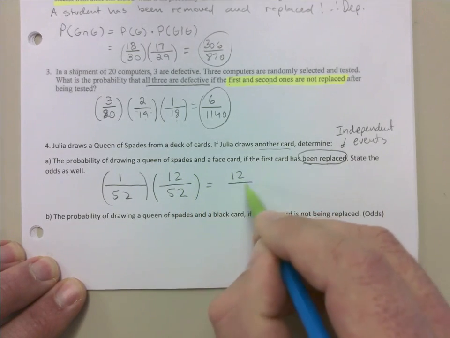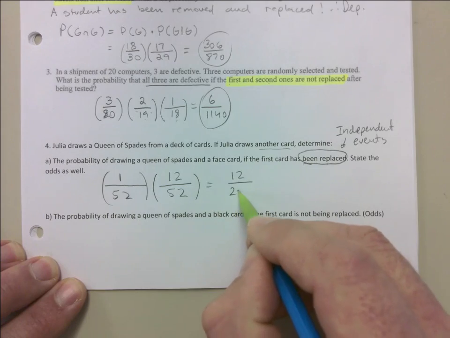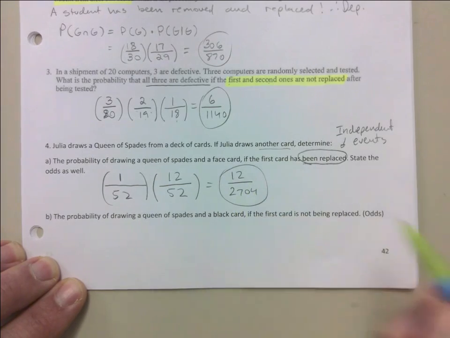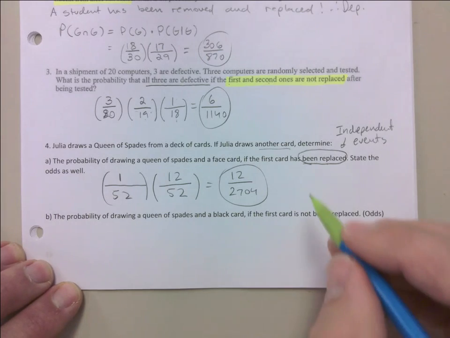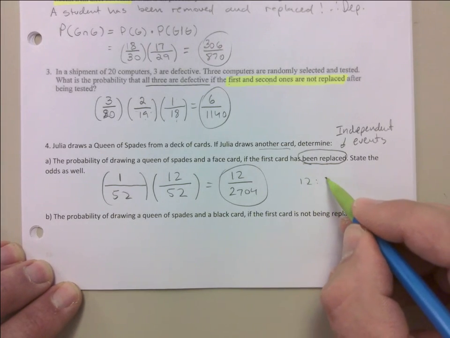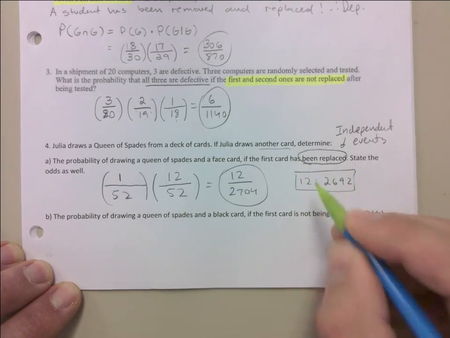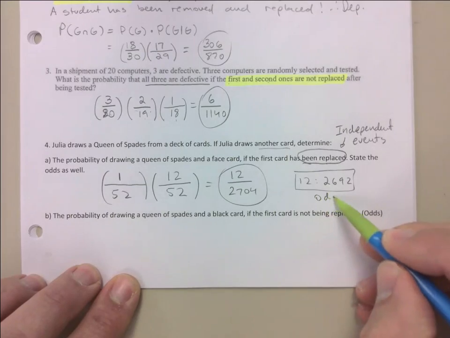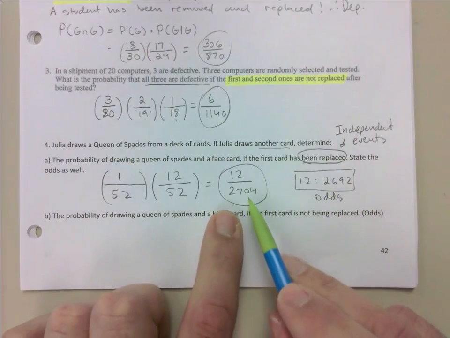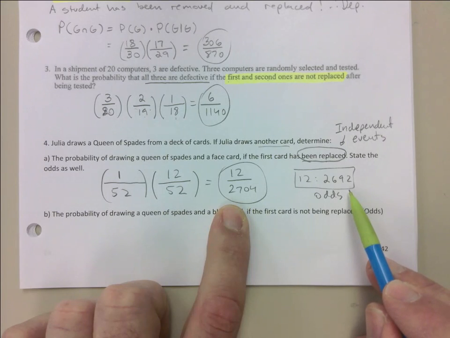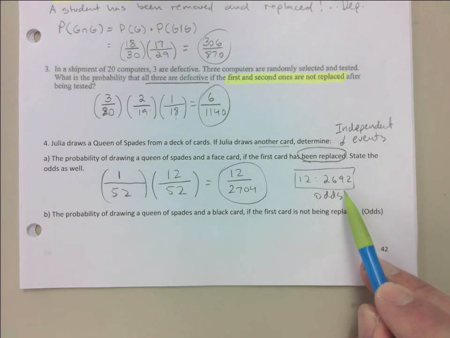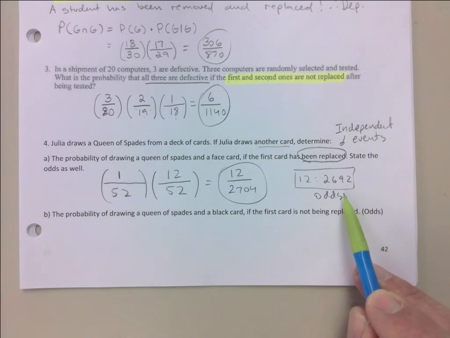So that's 12 over 2704. And odds would be 12 to 2692. Basically I just subtract the 12 from the 2704 to get the non-favorable outcomes, and these are your odds here.